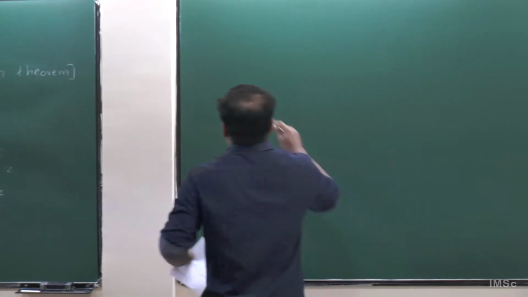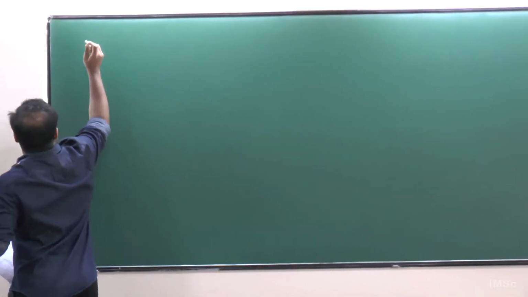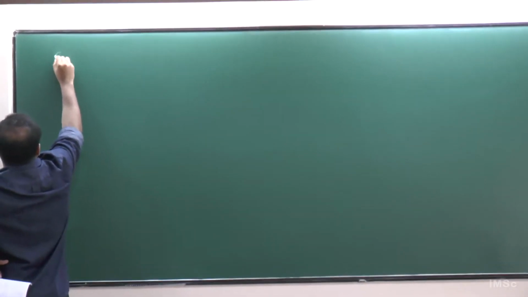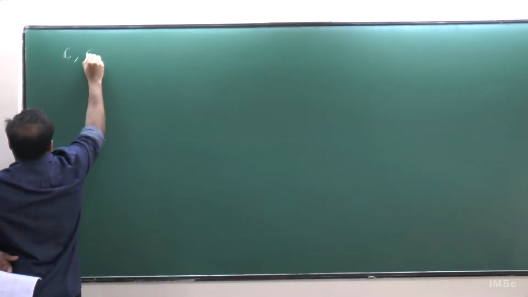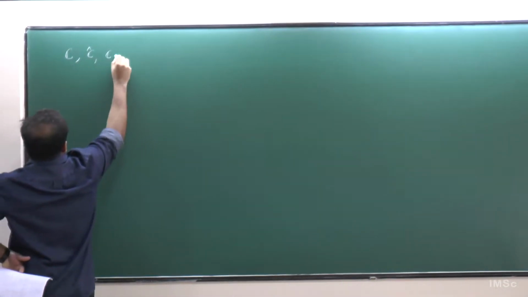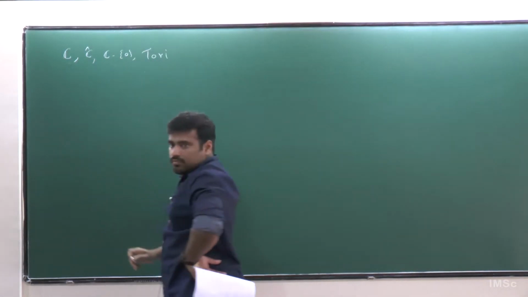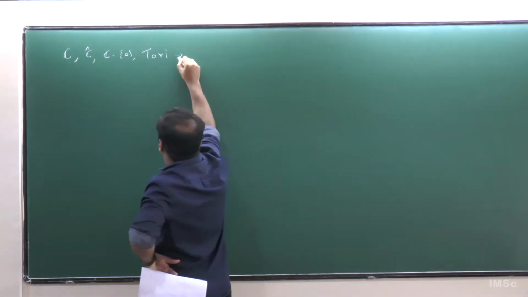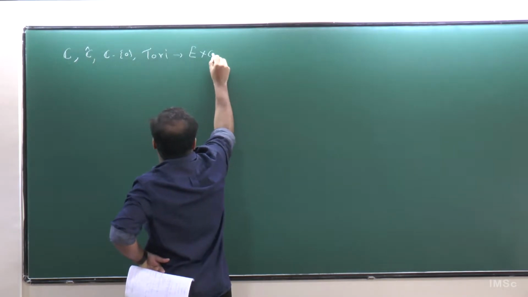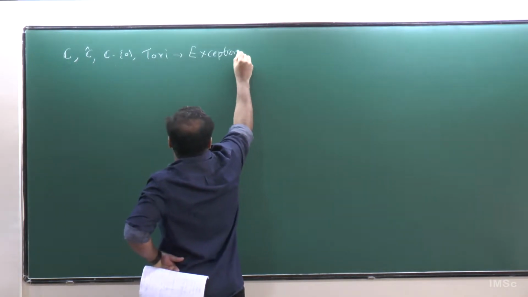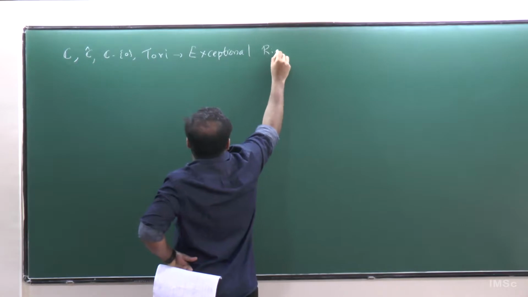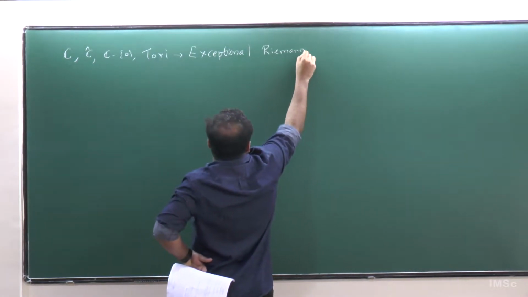Now let me look into Riemann surfaces other than C, C hat, C minus 0 and tori. These are known as exceptional Riemann surfaces. C is the complex plane and C hat is the Riemann sphere.